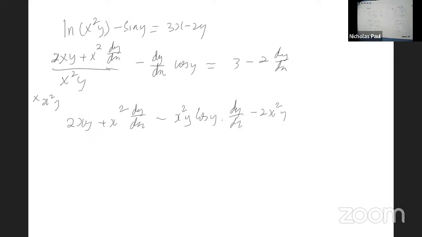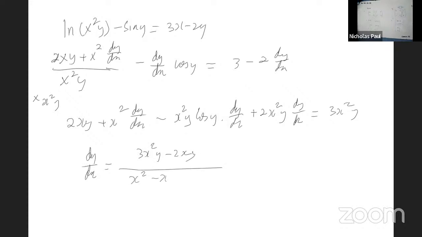I bring across the 2 dy dx, so that'll be plus 2x squared y dy dx is equal to 3x squared y. And if you factor out dy dx, the right hand side will be 3x squared y minus 2x all over x squared minus x squared y plus 2x squared y.